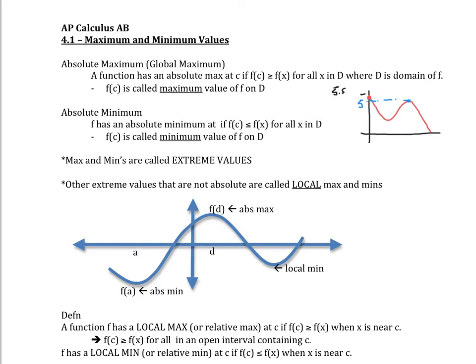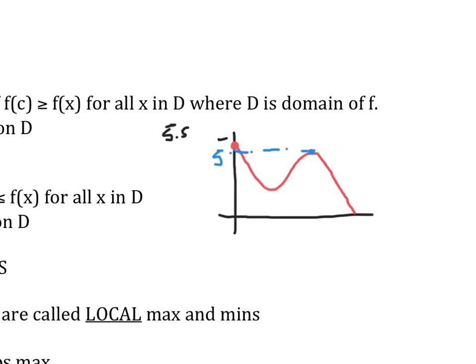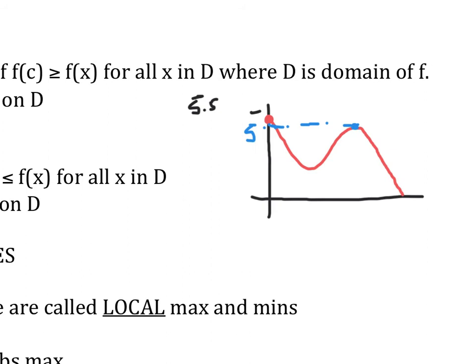Notice that this 5.5, and let's enlarge it a little bit if I can. We'll bring this in. Notice that over here, I've got the value of 5, but then this value right here is higher, and I will put it right there so you guys can see. That value right at that point is bigger.